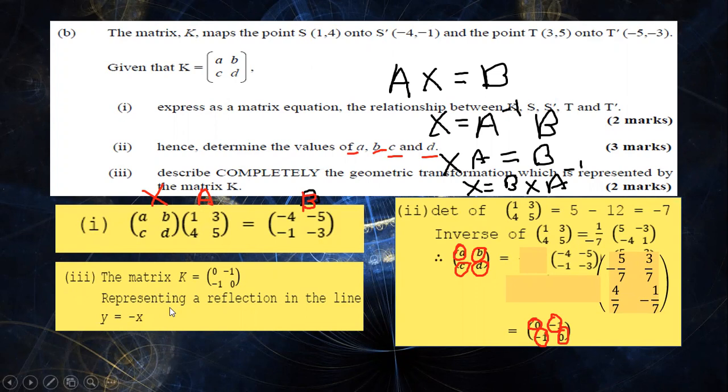If you check, S is (1, 4) and S' is (-4, -1), so the x and y are reversed, and also their signs are reversed. That tells you the reflection is in the line y equals -x. Any questions? This part is just a basic knowledge question.